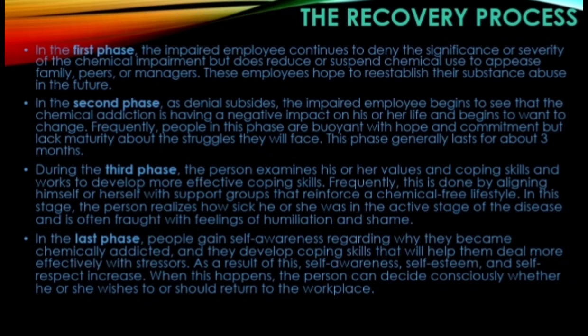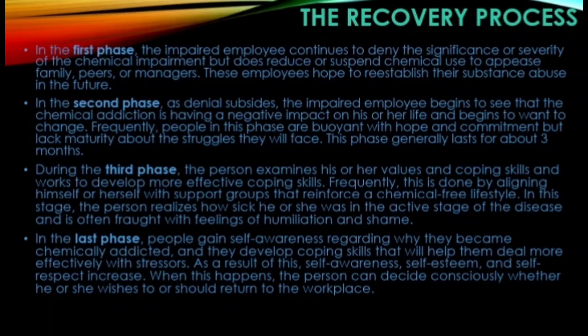The recovery process. In the recovery process, there is a first phase, second phase, third phase, and last phase. In the first phase, the impaired employee continues to deny the significance or severity of the chemical impairment but does reduce or suspend chemical use to appease family, peers, or managers. These employees hope to re-establish their substance abuse in the future.